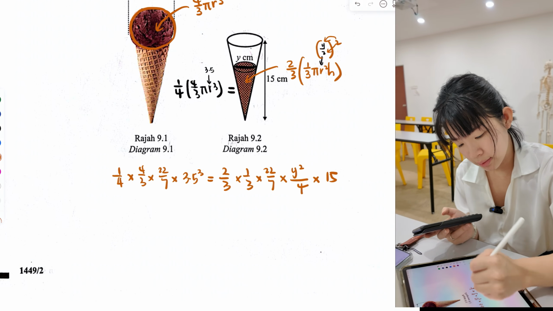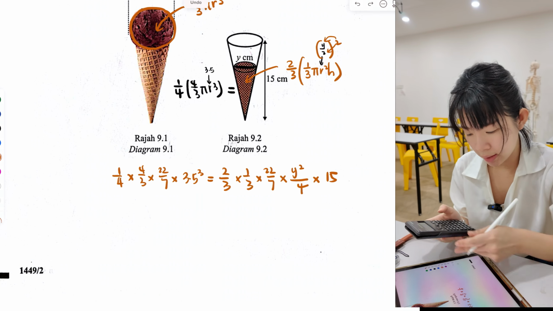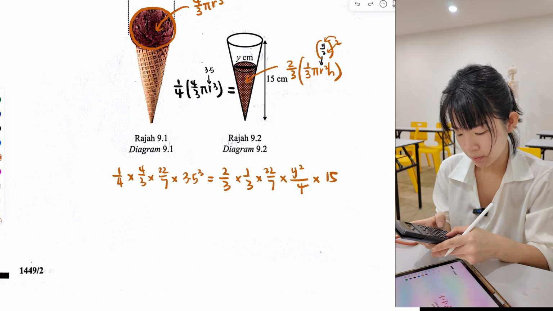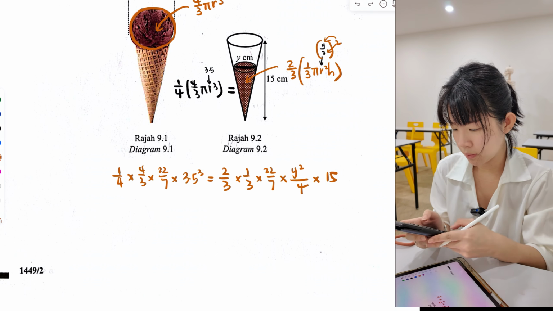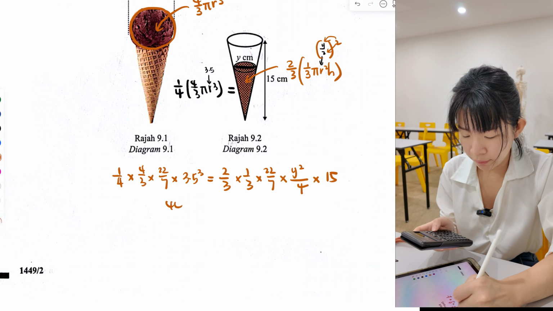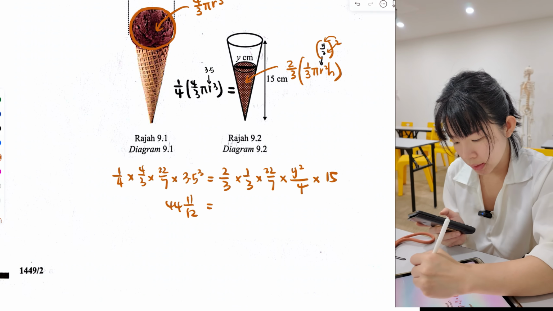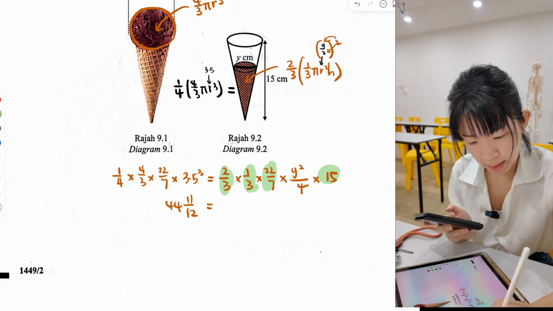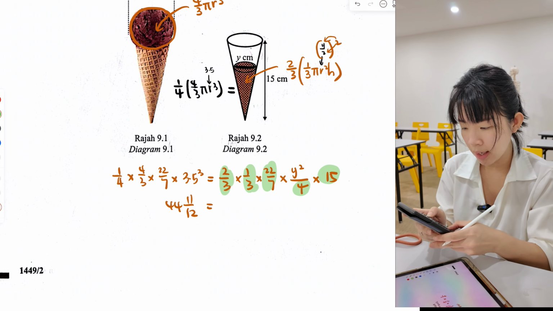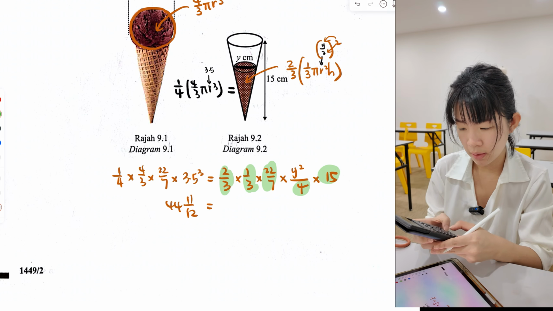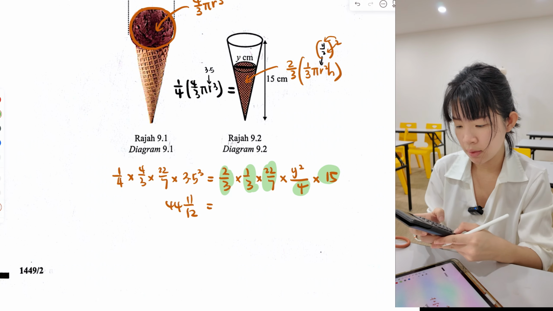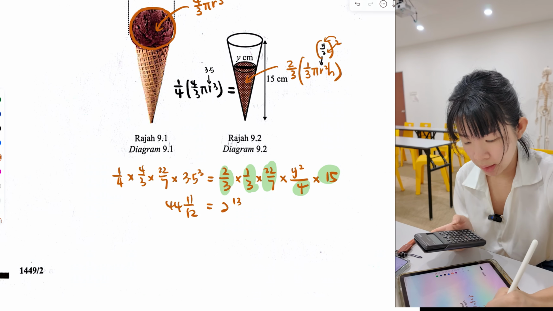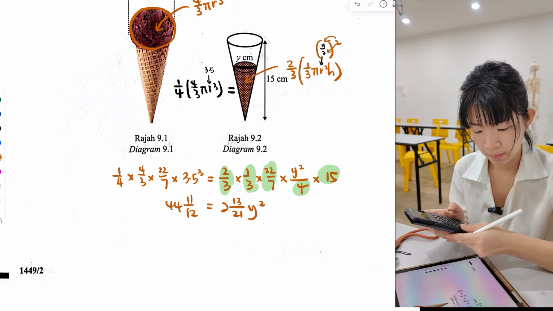Now key everything into your calculator, and this one divided by 4 at the end. So we get 13/21 y square.